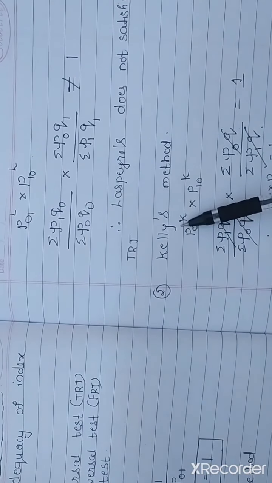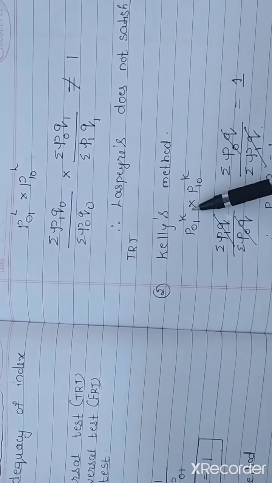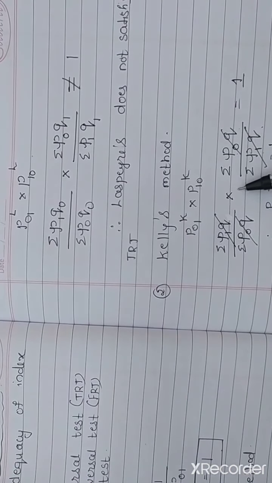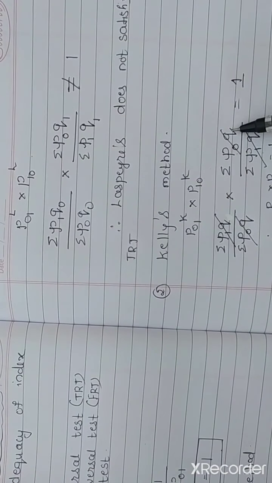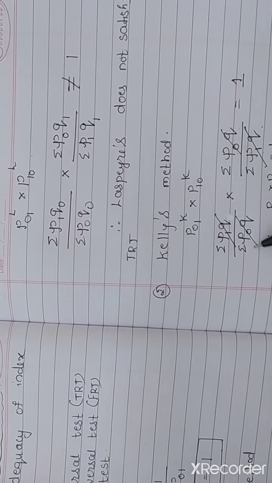Now we will consider Kelly's method, P01K into P10K. What is Kelly's formula? Summation P1Q upon summation P0Q. For P10, PQ as it is, 1 is there, instead of that 0 is considered, Q as it is.